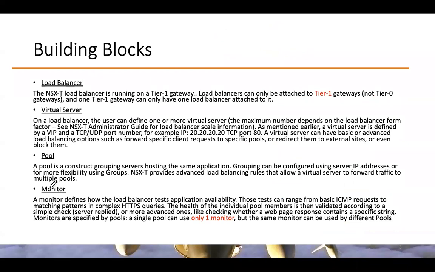Building blocks are pretty similar. Like any other load balancer, we can configure virtual servers, pools, and monitors. A pool is the group of servers where we want the traffic to be distributed. A virtual IP is the dummy IP which we configure on the load balancer.